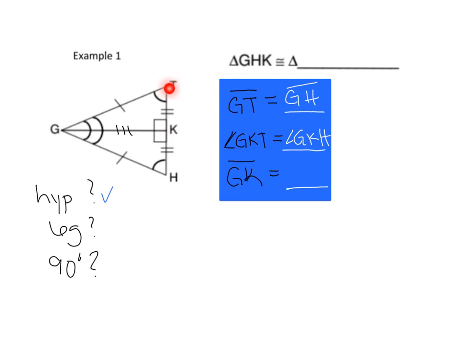So notice you had a few options here because technically we could make markings on both of these leg options. So I'm going to use GK as being congruent to GK, just because I wanted to introduce to you guys the concept of reflexive. Okay, so in other words, our congruent statement would be that triangle GHK would be congruent to triangle GTK.